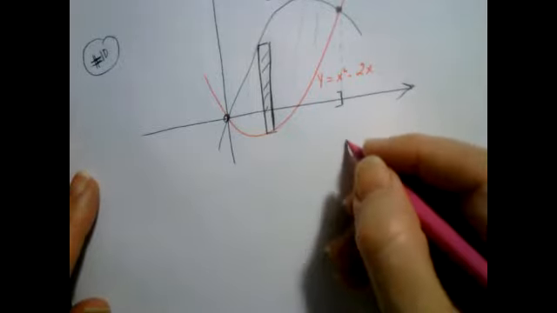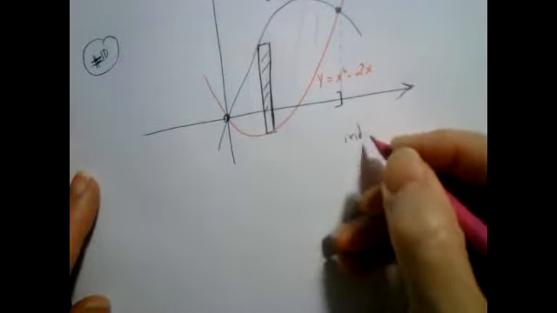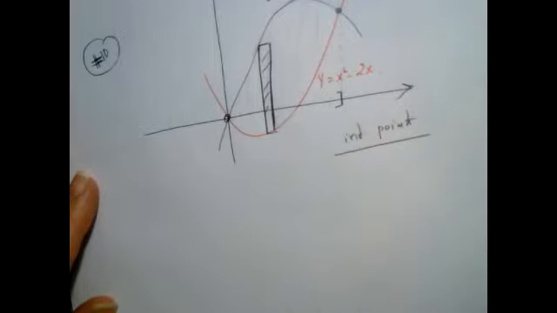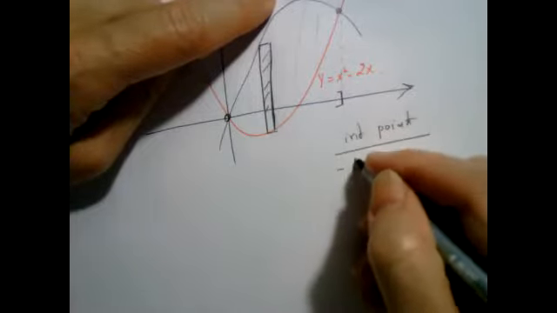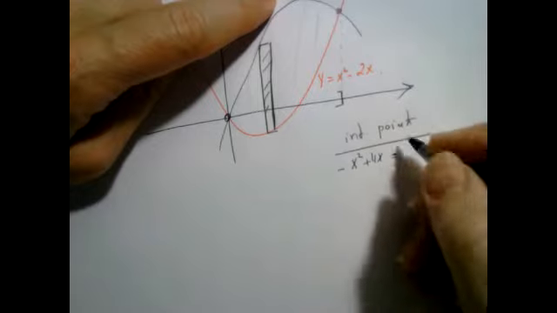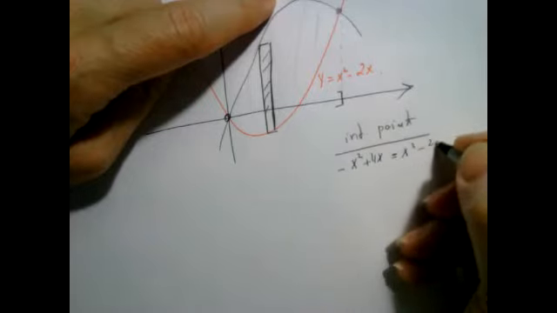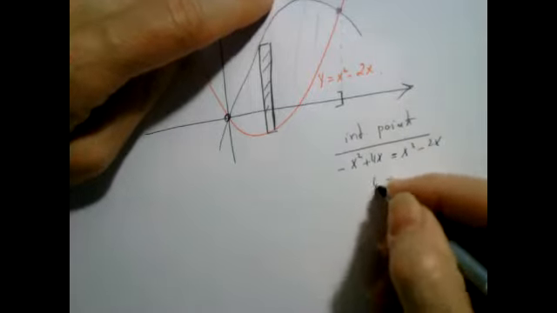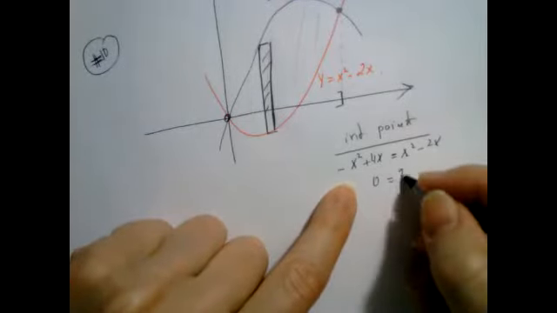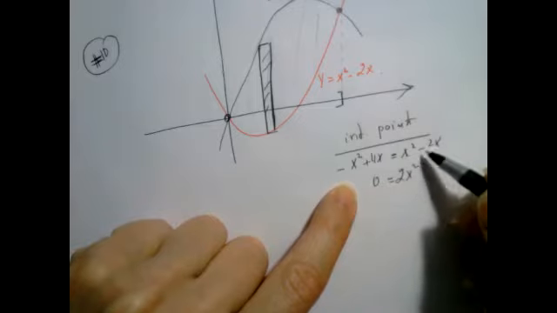So now let us look into all of them. So intersection point. We set the y's equal to each other and we solve for x. Minus 2x. Now when we solve it, we have to make it equal to 0. This x squared, I bring it to the other side, which gives me 2x squared.